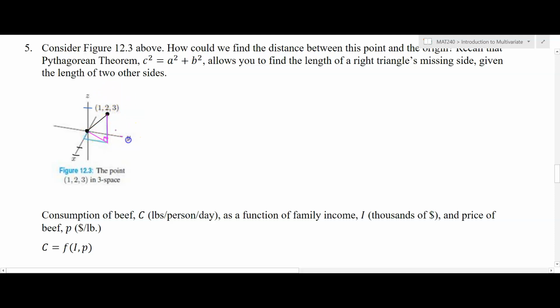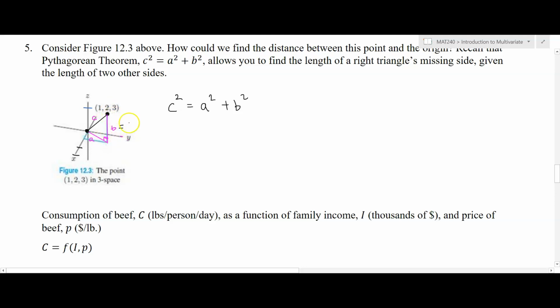So in order to calculate this, I would have to think about what this A, what this B, and what this C are. So the first thing I should note is that C squared is going to equal A squared plus B squared. And I already know the value of B. That's just the distance from the xy plane up to that point.